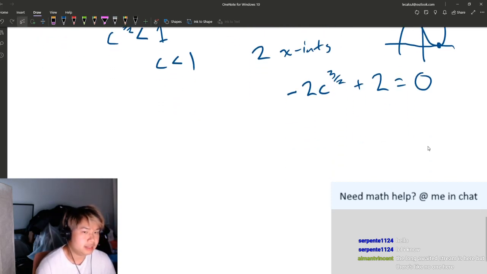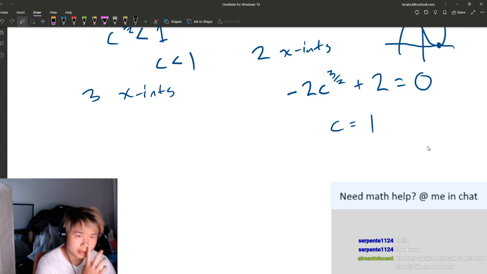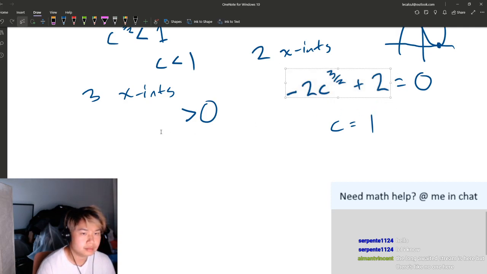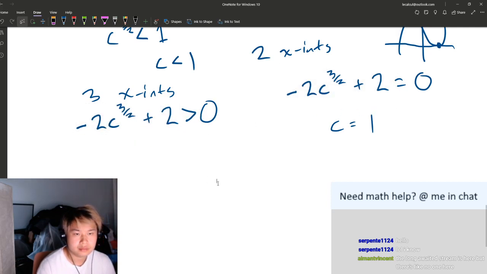So doing this, you'll get c is equal to 1, and then of course if you want 3, then you do the same exact thing. This is going to be greater than 0. So c is greater than 1.